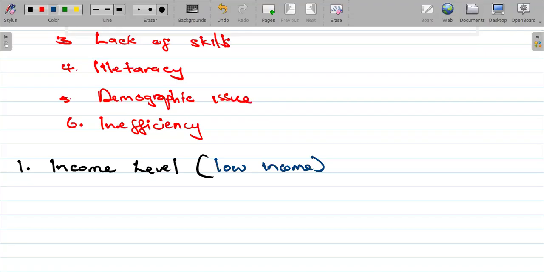So income level, we're talking about consumers who have low income. How does this impact the business?